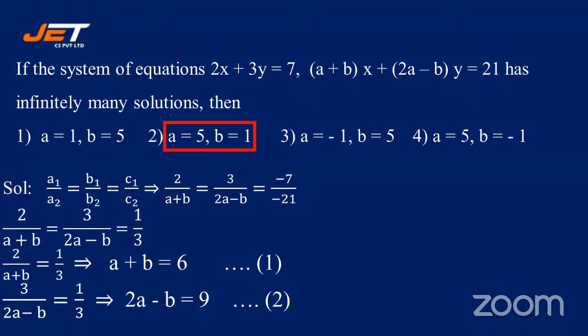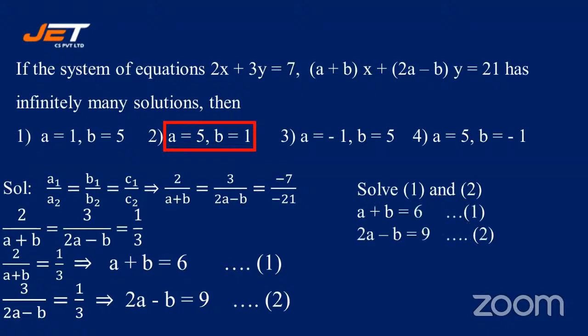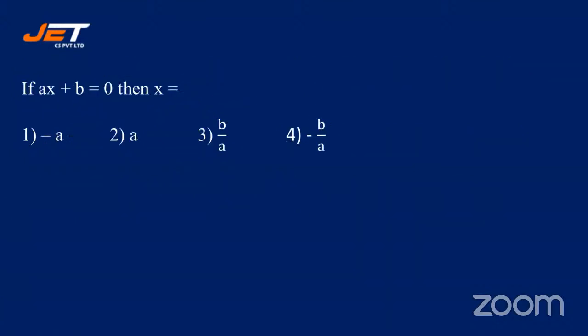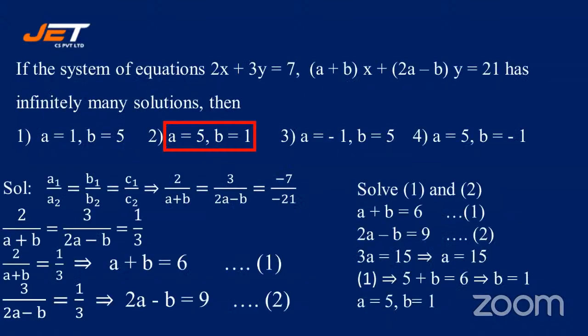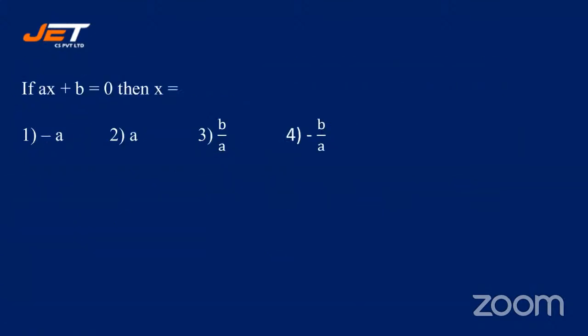The second equation as 2A minus B is equal to 9. By solving these two equations, you will get the value of A and B as A as 5, B as 1. All right. So with this, we are moving on to the next question.